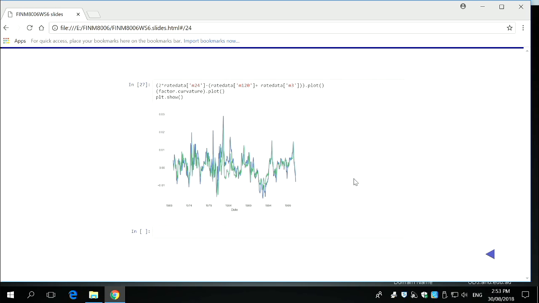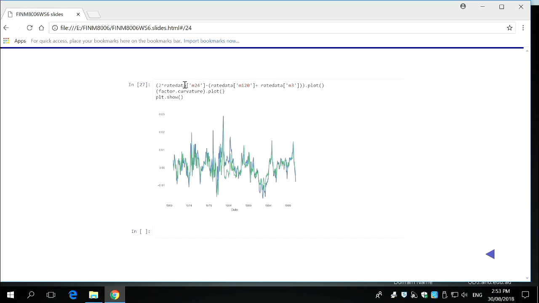I can also plot 2 times the 2-year yield minus the 10-year yield plus the 3-month yield.